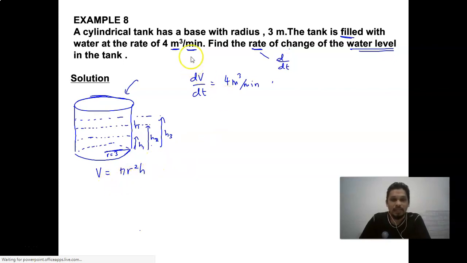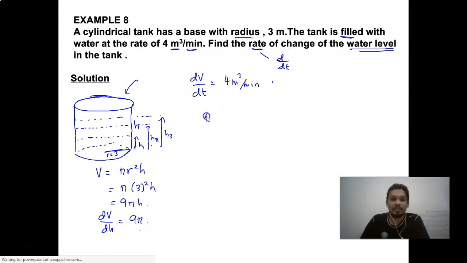Now, where r equals the radius, 3 meter, so pi times 3 squared and h comes out to 9 pi h. Because we are talking about the change of height with respect to time, and the change of height also gives us one value of volume inside the tank, so the change of volume with respect to h is now 9 pi.